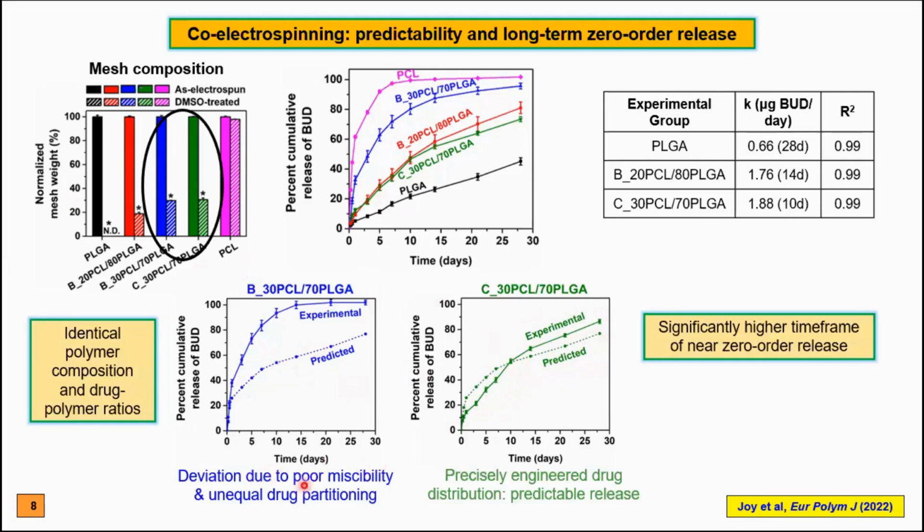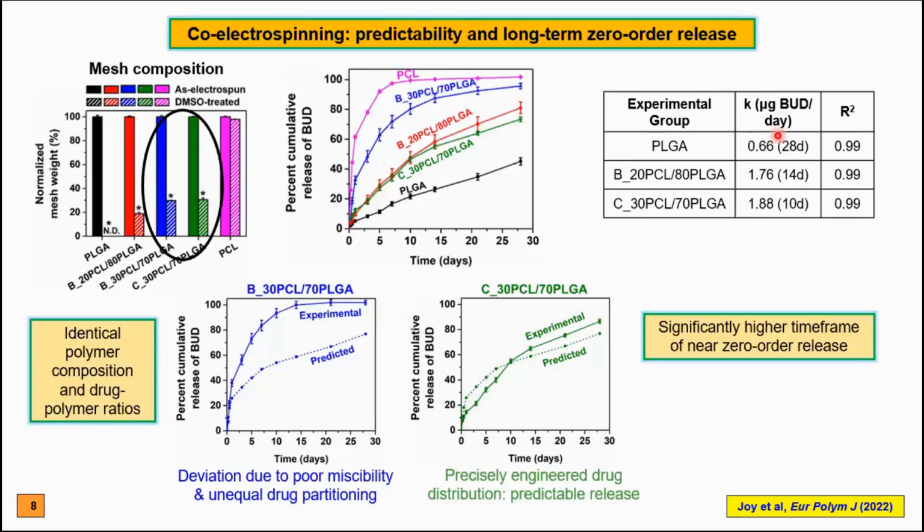That's largely due to poor miscibility and unequal drug partitioning, whereas in the co-electrospun sample, because of precisely engineered drug distribution, we get predictable release. Of course, we have fit them to zero order and first order models, the details of which are available in the work.